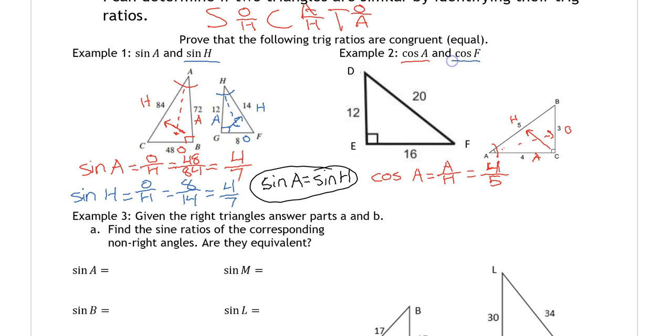Then I'm looking at cosine F. Here's F. It's my opposite. Hypotenuse. Adjacent side. So cosine of F equals, again, cosine is adjacent over hypotenuse. My adjacent side is 16. My hypotenuse is 20.